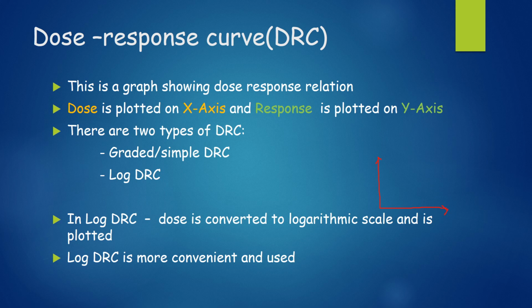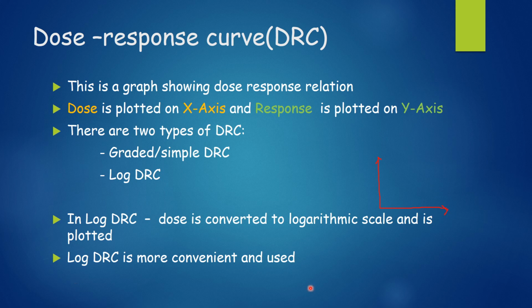The important advantage of this dose response curve is that we can calculate a huge amount of doses, or a large quantity of doses. You know that log values are much lesser when compared to the normal values. So, in the log dose response curve, the dose is converted to a logarithmic scale and plotted.